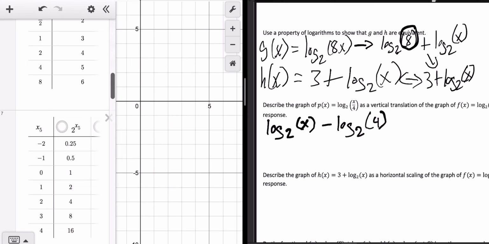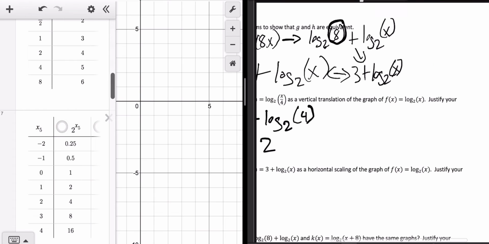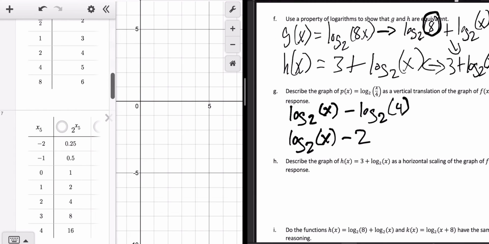Well, to what power of 2 is 4? So that would be log base 2 of x minus 2. So that is a translation down 2.